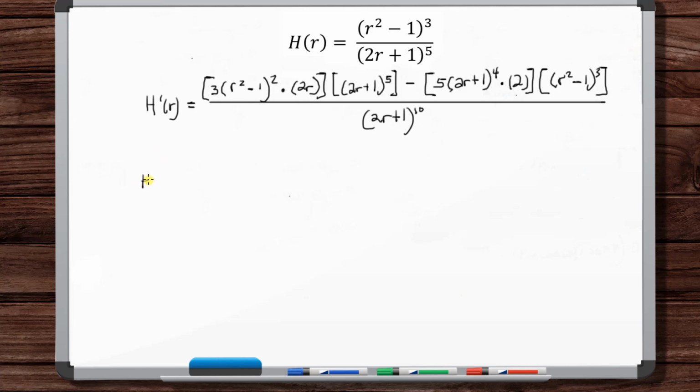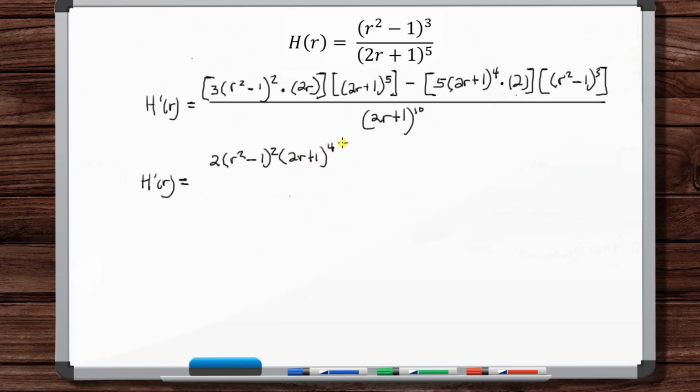So h prime of r, what can we factor in the numerator? What can we factor out? So we can take out a 2. We can take out an (r squared minus 1) squared. We can take out a (2r plus 1) to the 4th.